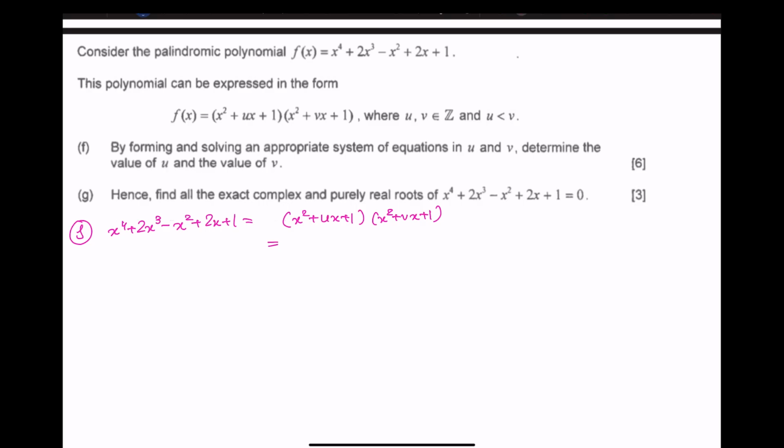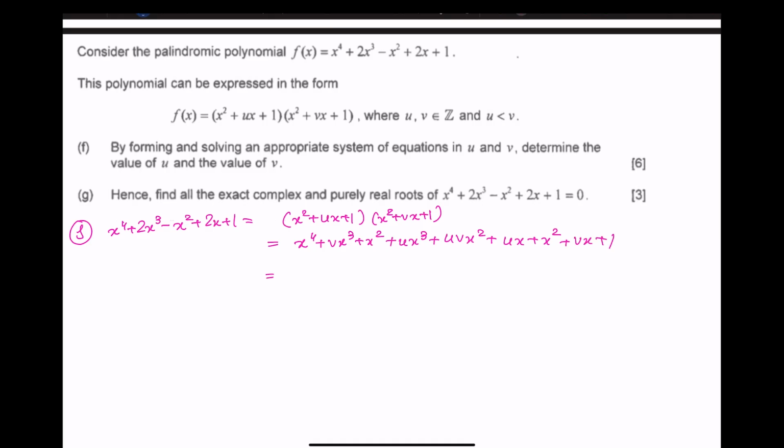I'll keep simplifying the right side. So x to the power of 4 plus vx cubed plus x squared plus ux cubed plus uvx squared plus ux plus x squared plus vx plus 1.